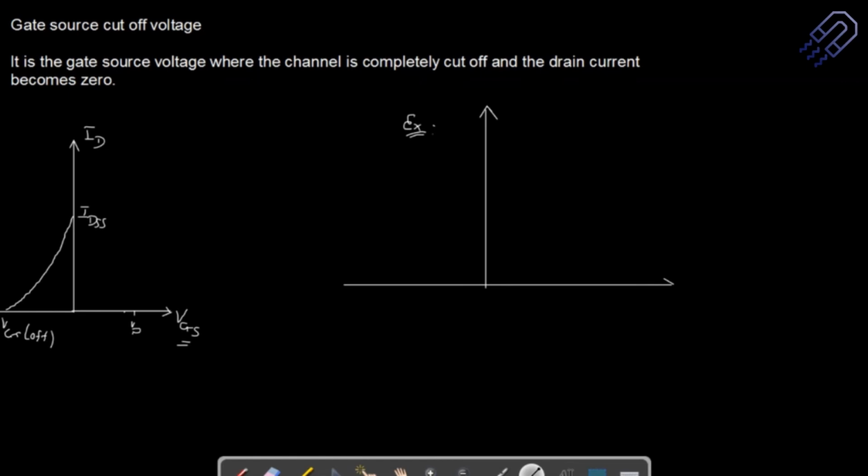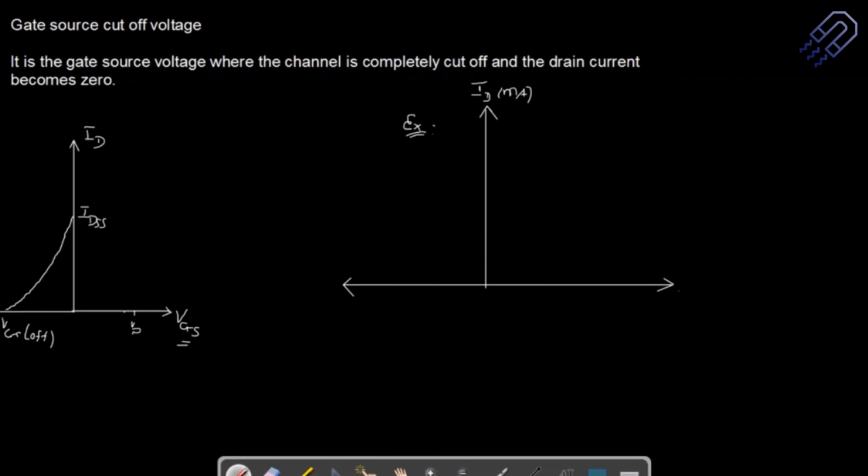On this side we are going to have the drain current ID, and ID will become 0 under different conditions.